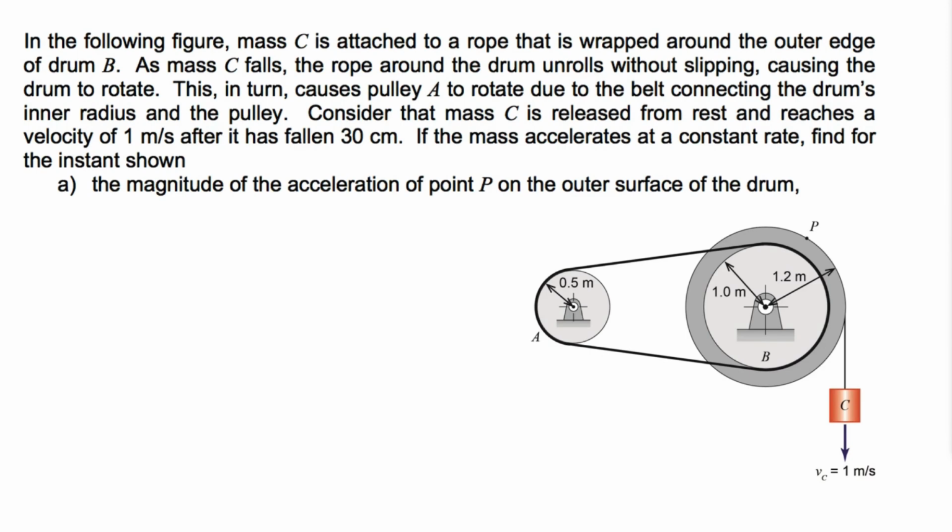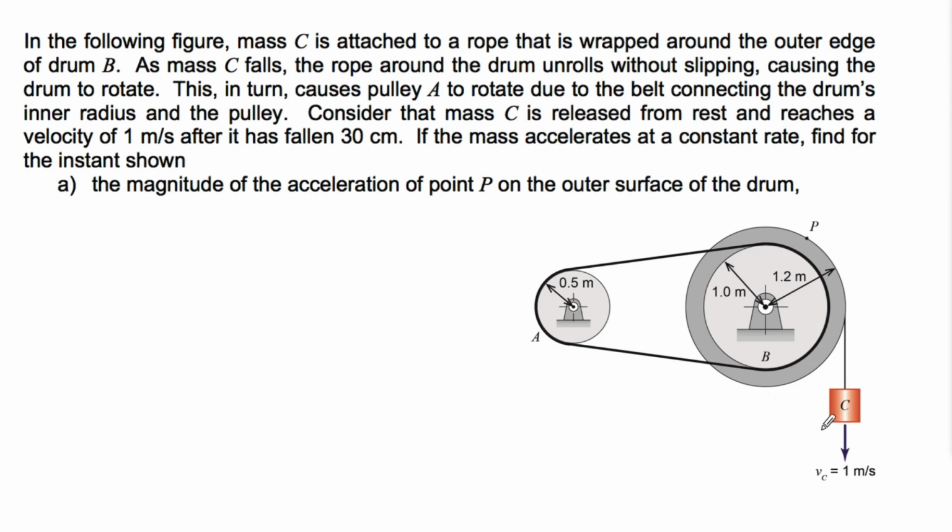This question is from the Conceptual Dynamics textbook, and we are going to answer this question. In the following figure, mass C is attached to a rope that is wrapped around the outer edge of drum B. As mass C falls, the rope around the drum unrolls without slipping, causing the drum to rotate. This in turn causes pulley A to rotate due to the belt connecting the drum's inner radius and the pulley.